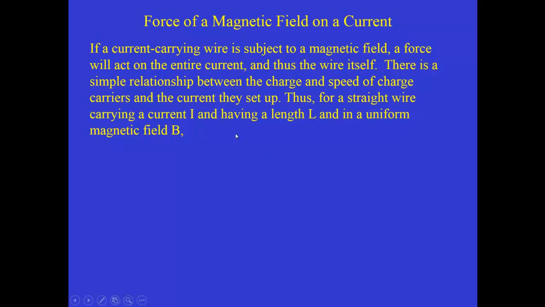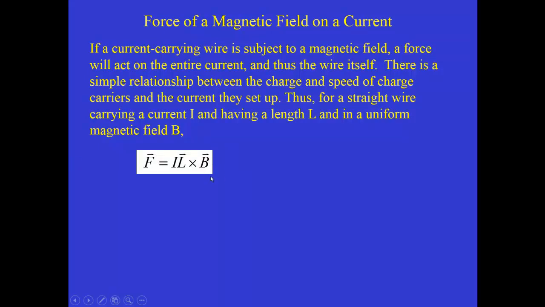And there's a very simple relationship that comes out of the previous equation, which we call the Lorentz force law. If we just modify that to add up the forces on all of the charges that make up a current, and we have a current I and a conductor of length L in a uniform magnetic field B, then the force equation looks like this.